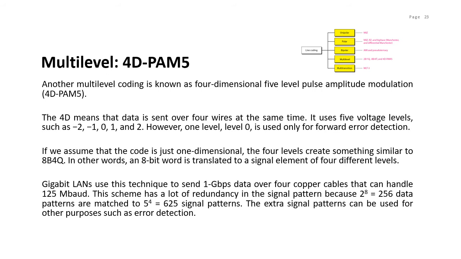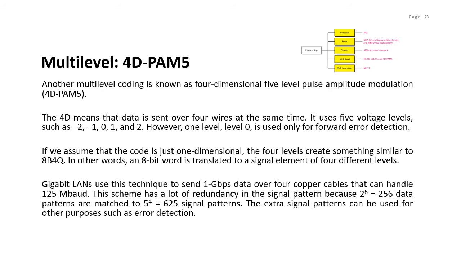If you assume that the code is just 1-dimensional instead of 4-dimensional, the 4 levels may create something similar to 8B4Q. In other words, an 8-bit word is translated to a signal element of 4 different levels. From this imaginary 1-dimensional version, we can see that the signal rate is n times 4 over 8, or n over 2.